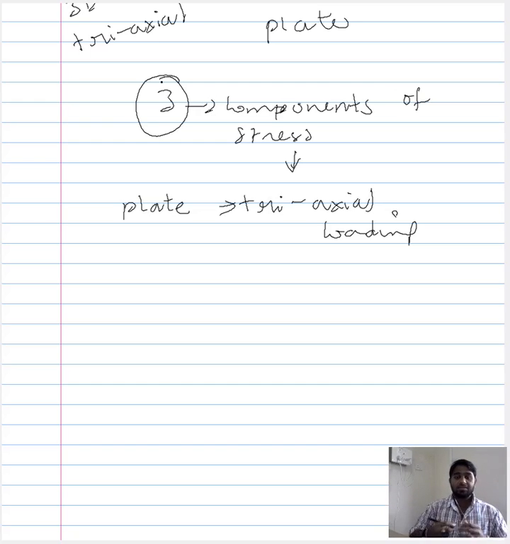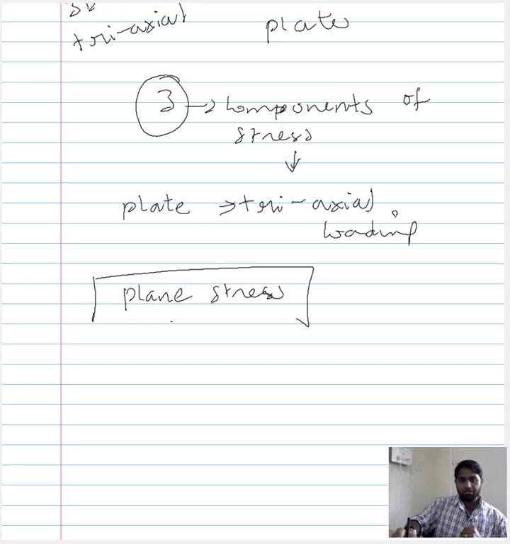Now this stress condition associated with the plate is referred to as the plane stress condition. So this has a definite name. What characterizes the plane stress condition is that the stress along one particular direction is missing.